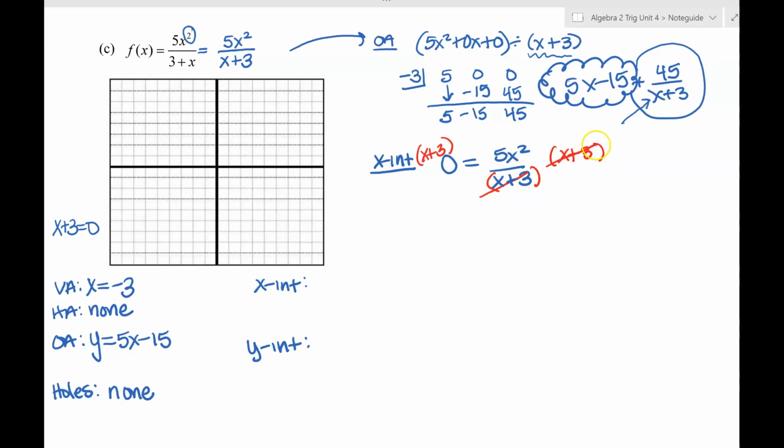So on the right side, the denominator gets canceled out and we're only left with the numerator. And on the left side, you're multiplying all of that stuff in the least common denominator times 0, so it remains 0. Then I would divide by 5, take the square root, and I get that x is equal to 0.